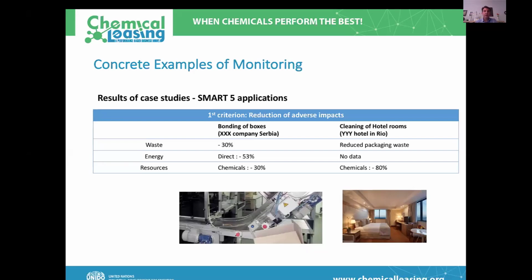You can see exactly how much chemicals or energy or waste are saved. For example, in the hotel in Rio, the reduction of chemicals was really spectacular.